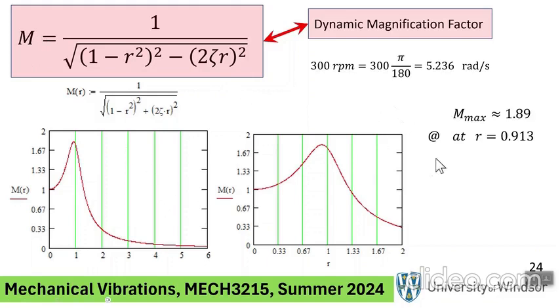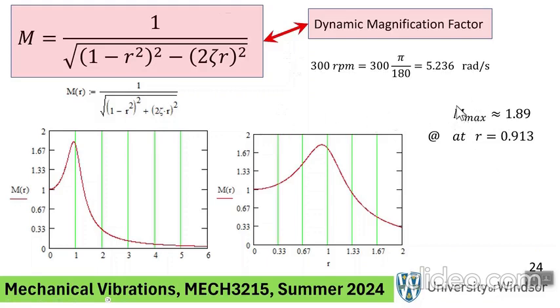And it happens at this point, r equal to 0.913, which tells you what the speed of the motor is. So when the motor runs at that speed, which means omega n times that, you get 1.7 or almost 1.9 times the static deflection.